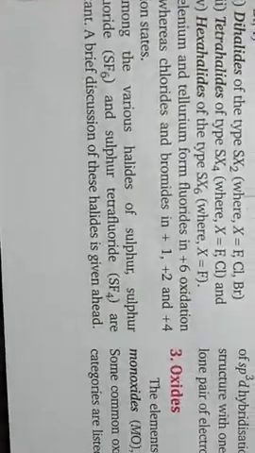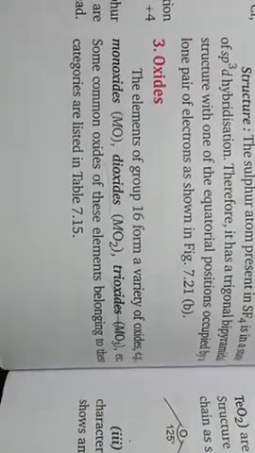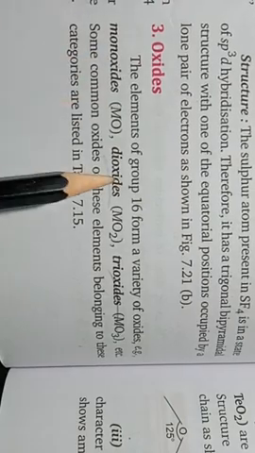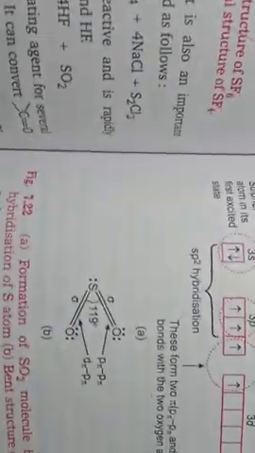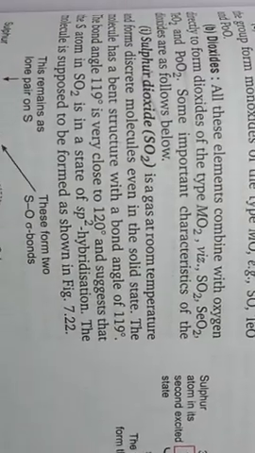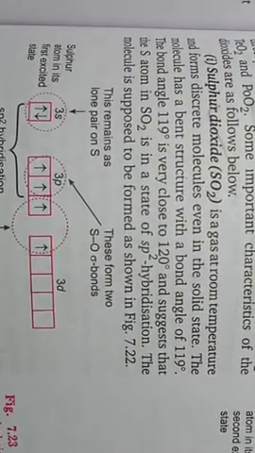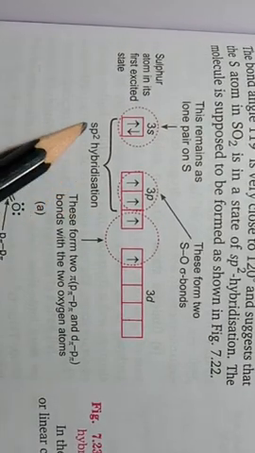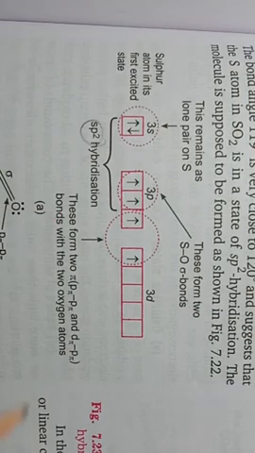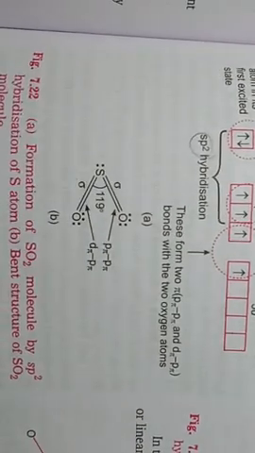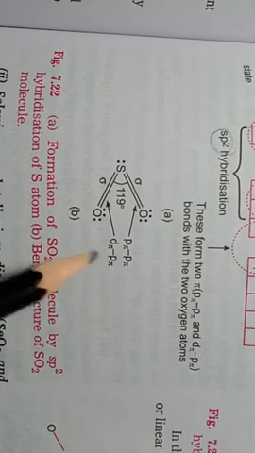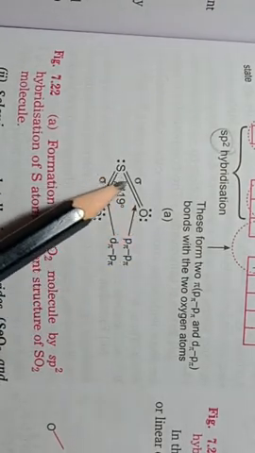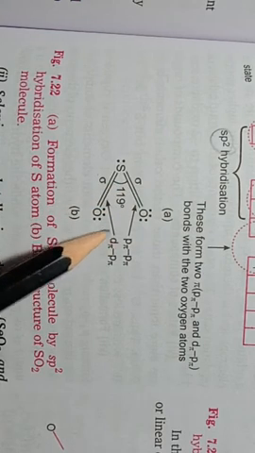The next type of compounds of this group is oxides. Group 16 elements form monooxides, dioxides and trioxides. As you can see, sulfur forms a dioxide, and in this dioxide SO2 the central atom sulfur shows sp2 hybridization. This is the structure. In this structure, the S and O pi bond is of 2 types.